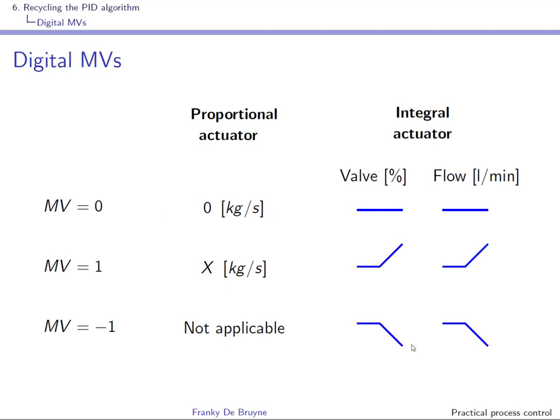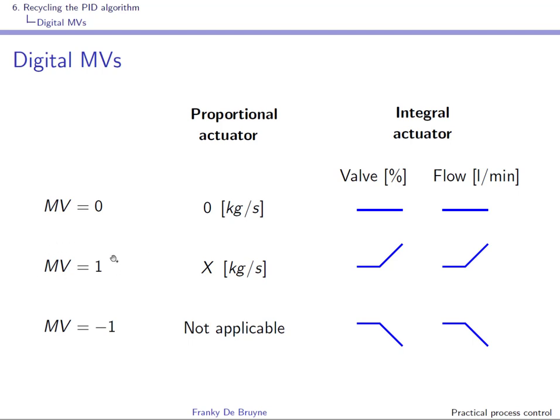Well, let us summarize this. We have 2 types of actuators, proportional and integral actuators. If we talk about the proportional actuator, there are only 2 states, and this is when this third state here is not applicable. If the output of the controller is 0, this means, for instance, if we take the case of a conveyor belt, that the conveyor belt is not running, so there is no output discharge.